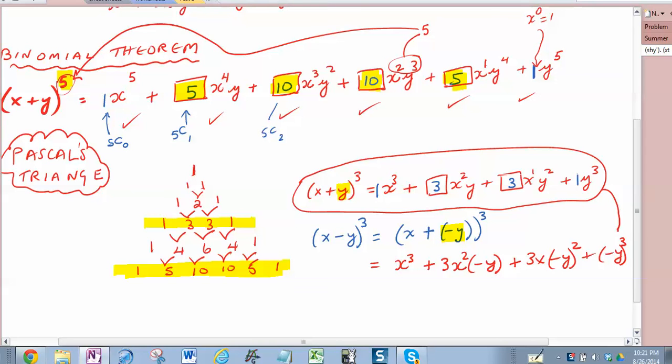Okay, can you see it comes from this line? I have simply taken wherever I had a y, I'm writing a negative y. Okay, let's just see what we get for a final answer from this.